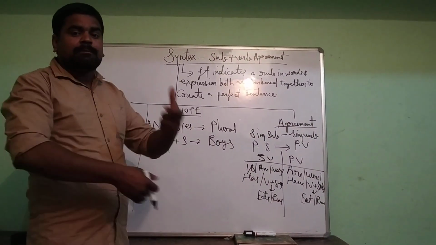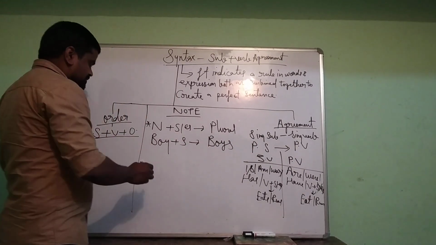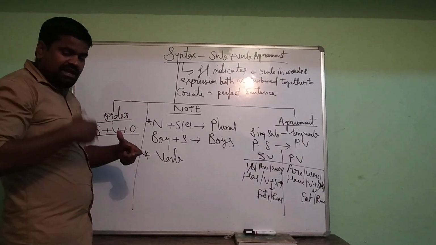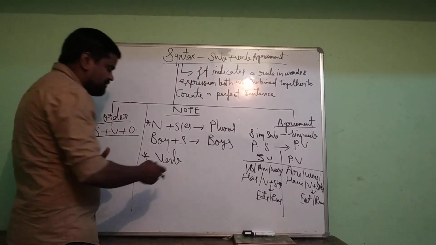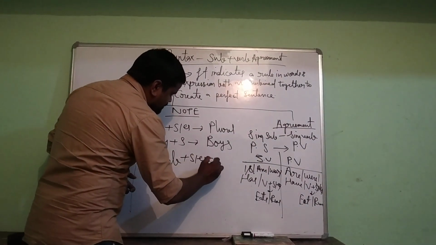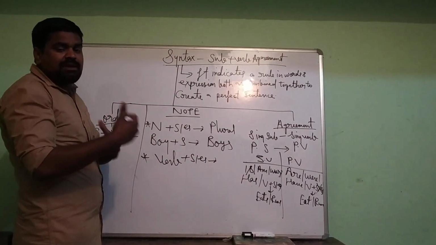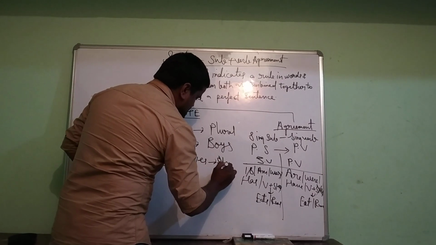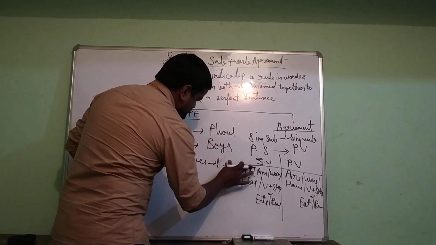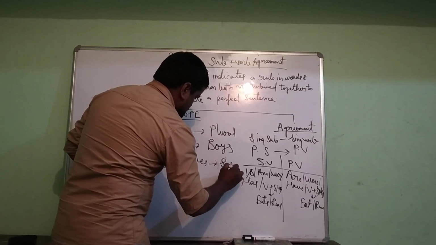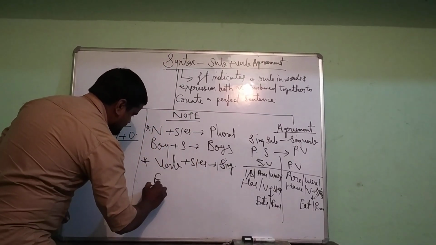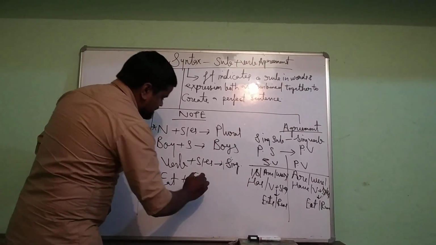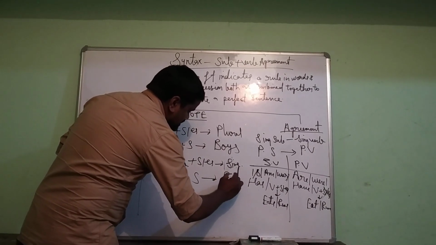But the reaction is just the opposite with a verb. A verb always stays in plural form. When you apply s or es with this verb, it will be converted into singular form. Example: eat is plural, but when I apply s with it, the verb is converted into singular.